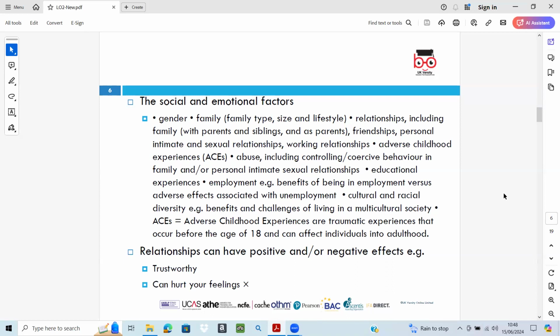And we have witnessing domestic violence, substance misuse within the household, mental illness of a family member, parental separation or divorce, and what effects it could have. These could lead to issues such as depression, anxiety, difficulties in school, and relationship problems later in life.